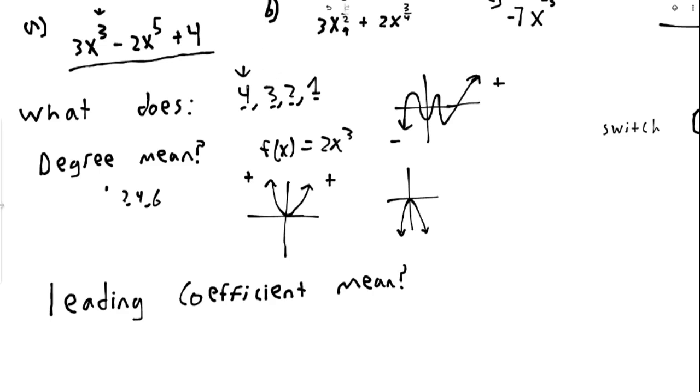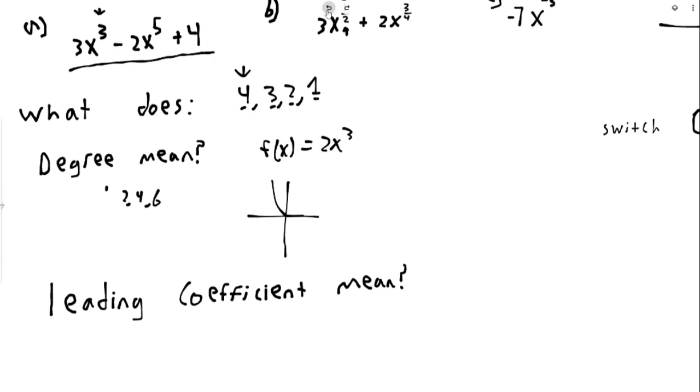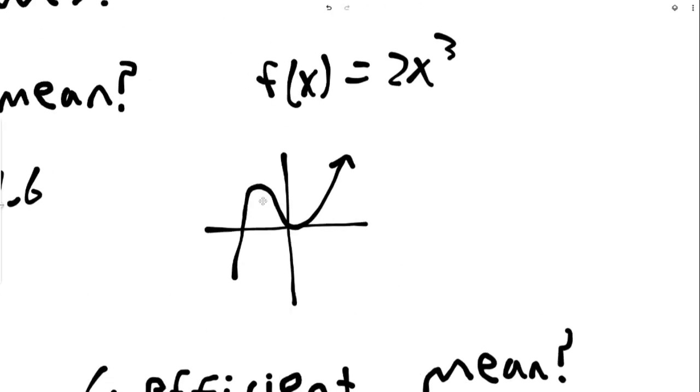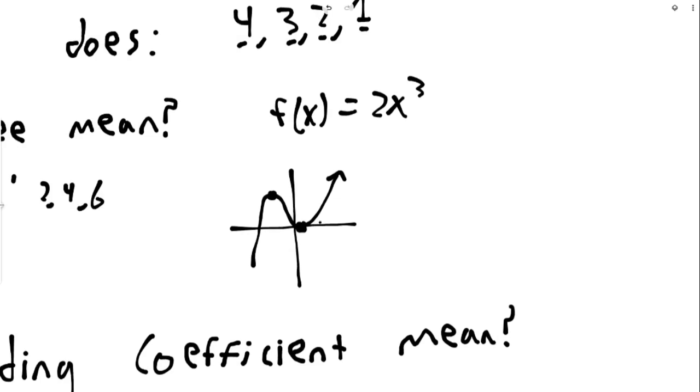So another thing the degree tells us is how many turning points a function could have, or the max number of turning points, sorry. For example, if we have a function that looks like this, up, down like this, we can see there are about 1 and 2 turning points, right?